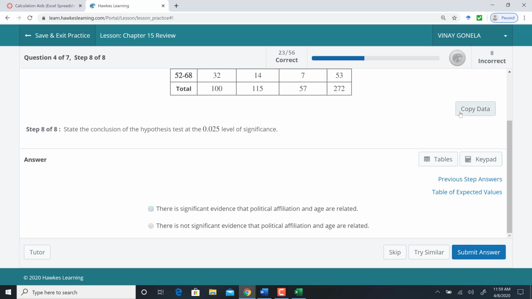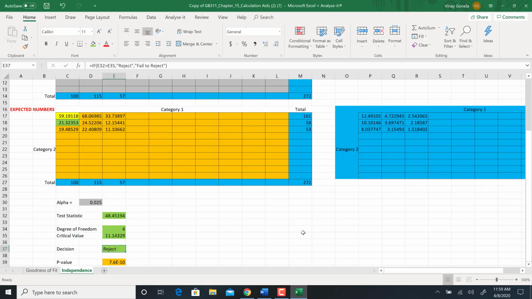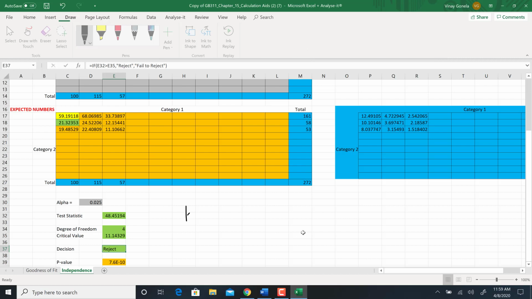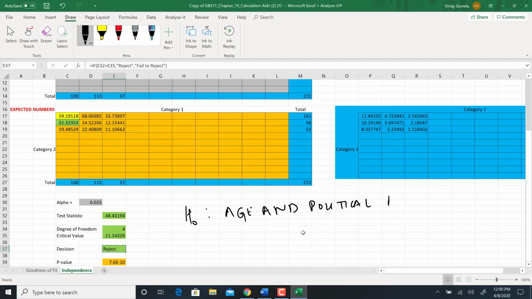When we reject the null hypothesis, that means the statement that the two variables are independent is false, so the alternative would be true. In this case, our null hypothesis is that age and political affiliation are independent. Independent means they are unrelated.